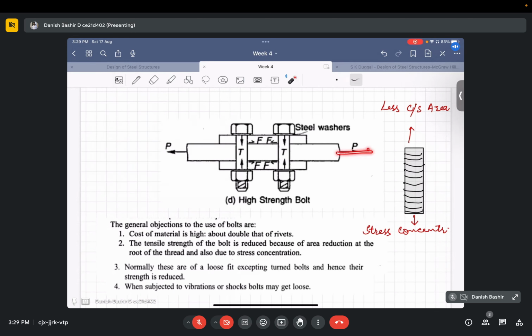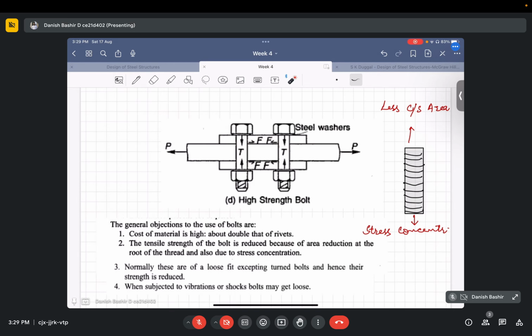This is the tensile force P and P acting on this, and this is the tension force within the shank, T. If we have a steel washer here, because of tightening this high strength friction grip bolt up to the proof load, a very high tension is created, because of which an interfacial friction F is created, shown here. So this is how a high strength friction grip bolt works.